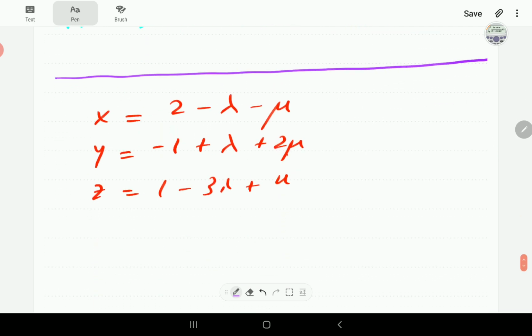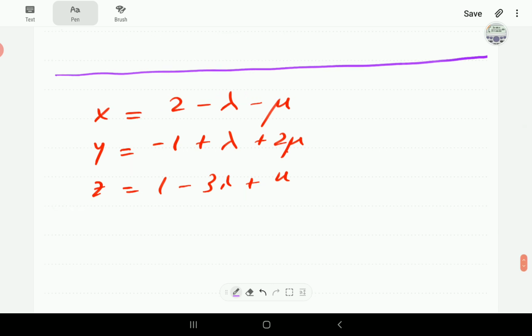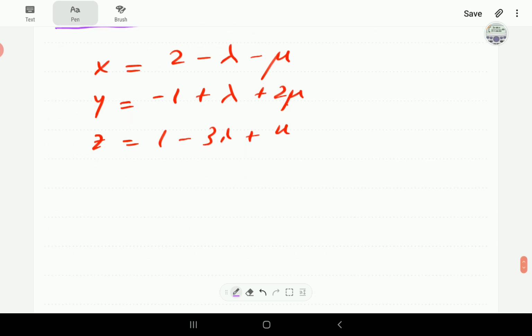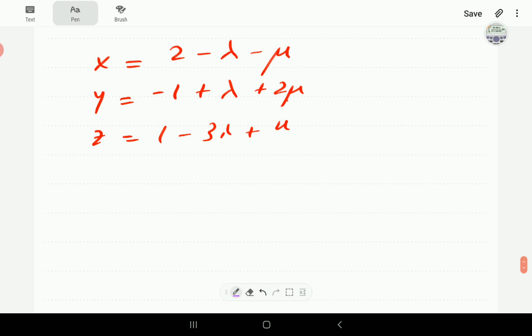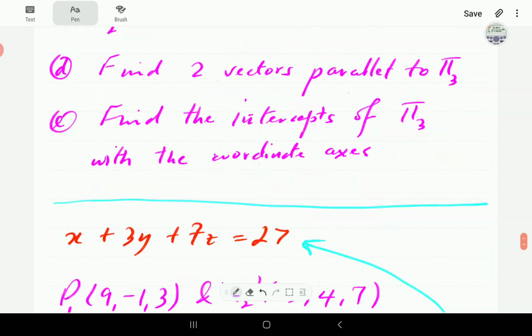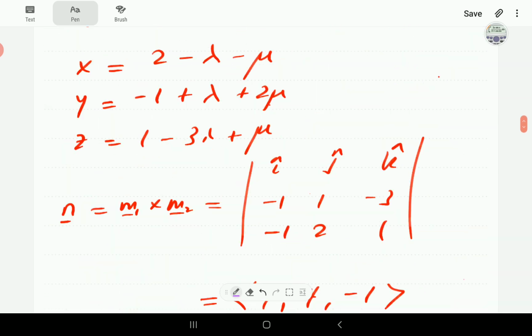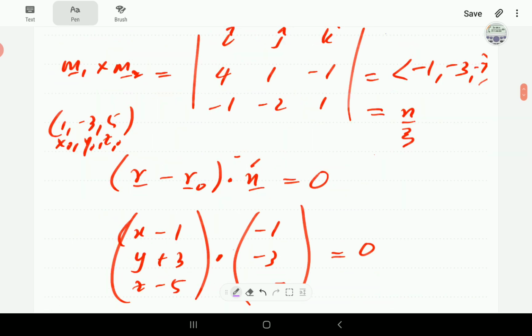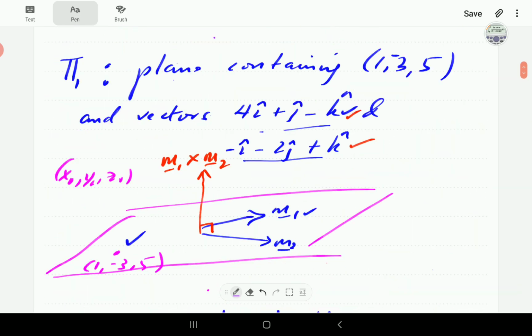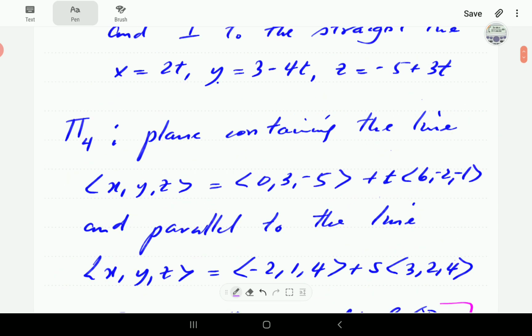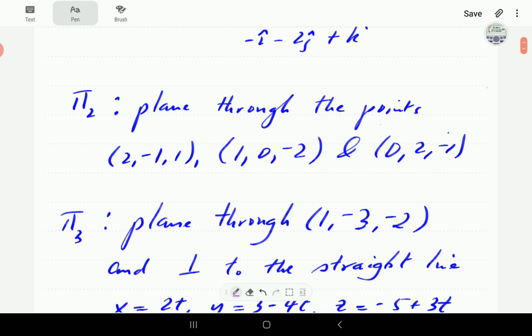So this is the parametric form. Let's generate points. They say two other points. There is one point that I believe was given for plane number 2 as part of the question. So there is plane number 2. Actually, there's 3 points that were given.